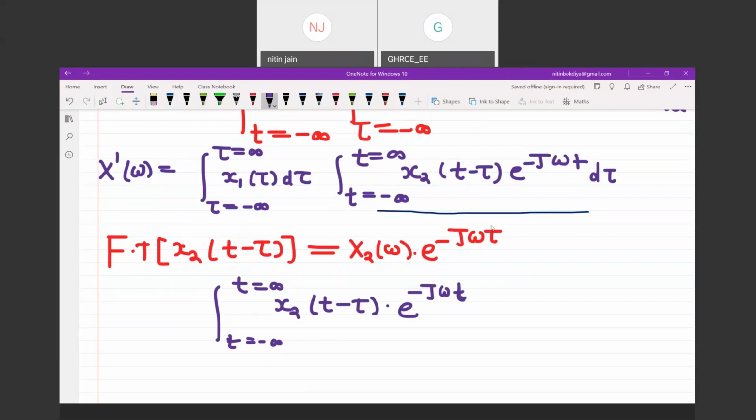It's not tau, it's t. So this is equivalent to X2(omega) into e to the power minus j omega tau. Yes, this is the shifting. This represents shifting.